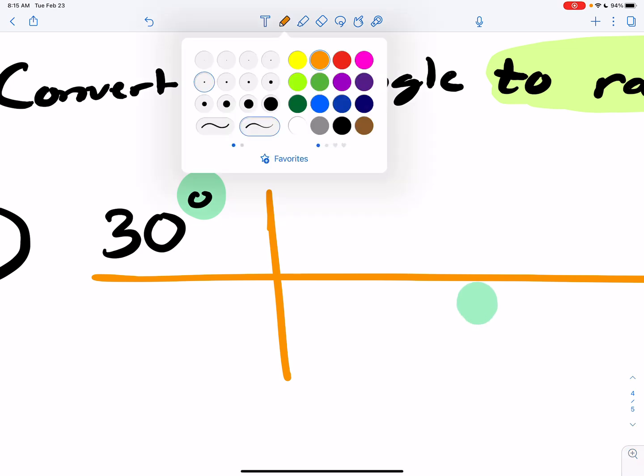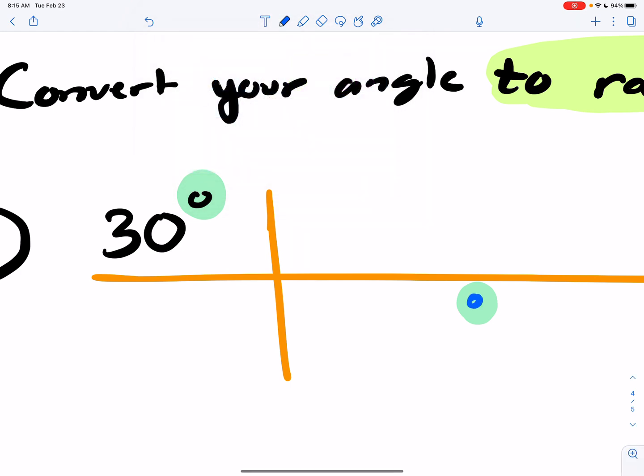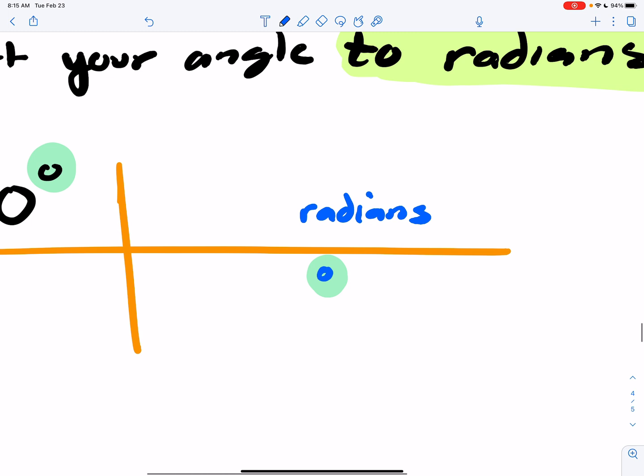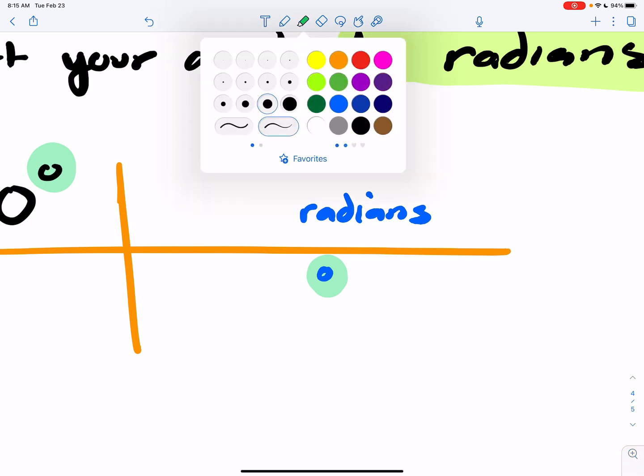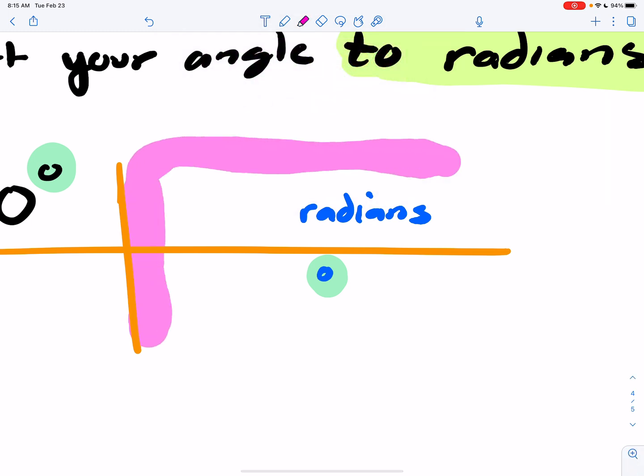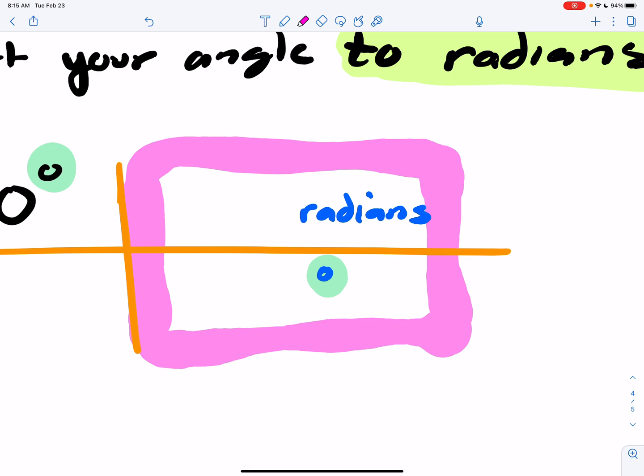So I'm going to go ahead and put degrees down here. And we want to convert it to radians. What you want to convert it to, you put on the top. Okay? What you want to get rid of, you put at the bottom. So think about this section alone, just like we did before. What do you guys know about radians and degrees?